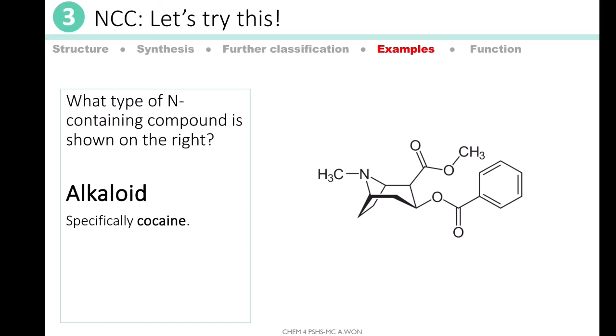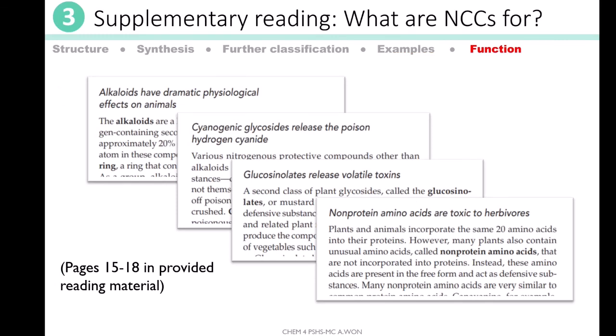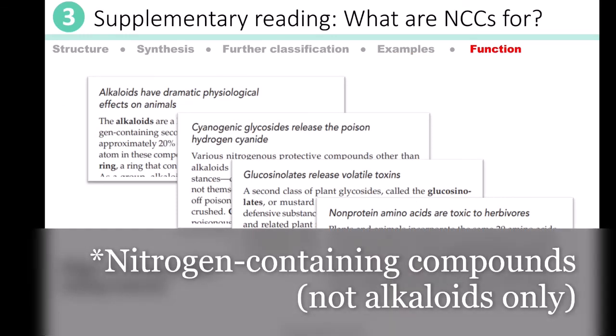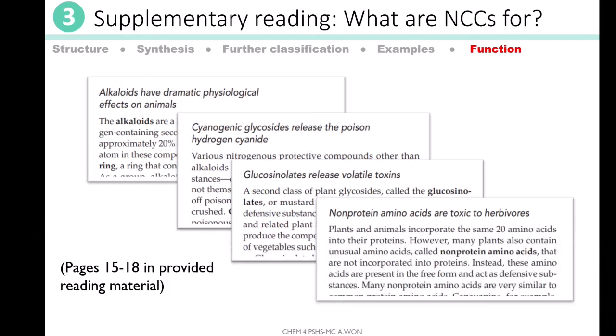Look at where the nitrogen atom is. It is part of a ring. So that is the characteristic structure of alkaloids. So overall, alkaloids are poisonous or they have physiological effects. So usually ang purpose nila ay pang-deter ng predators.